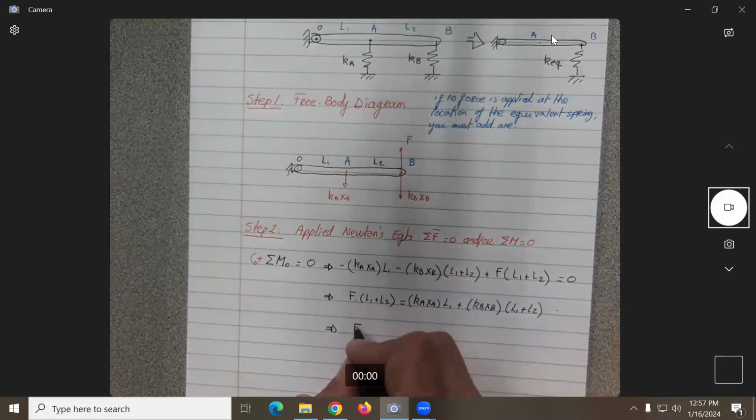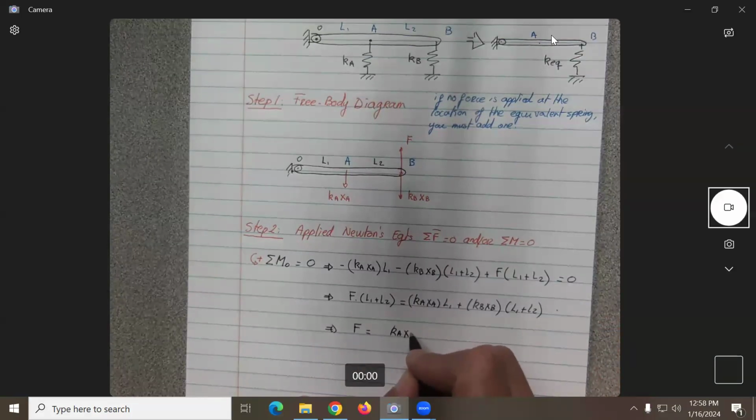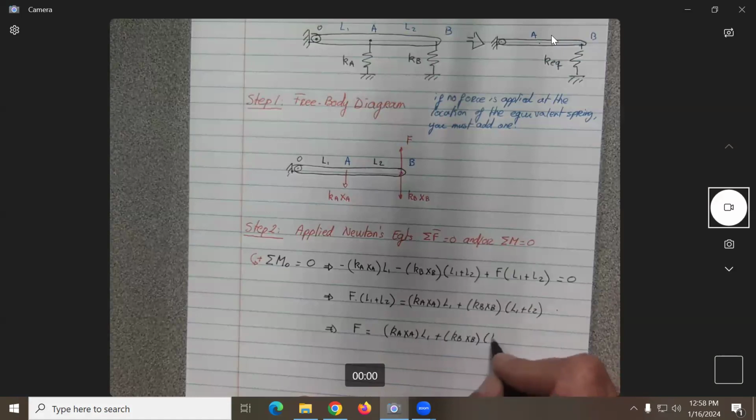So that now we can write F equal to KAXA L1 plus KBXB times L1 plus L2, divided by L1 plus L2.